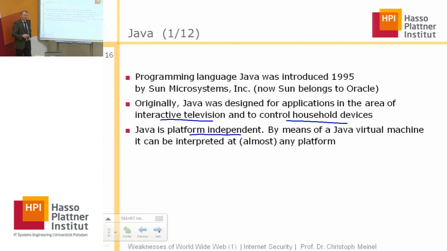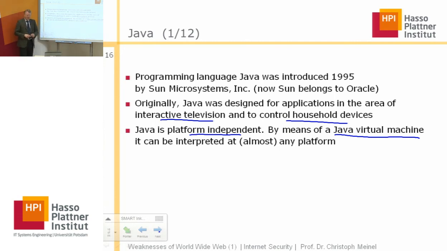And this applicability is reached by means of so-called Java virtual machines, JVMs. For each platform, such a Java virtual machine provides the possibility that Java programs can be run on this platform.